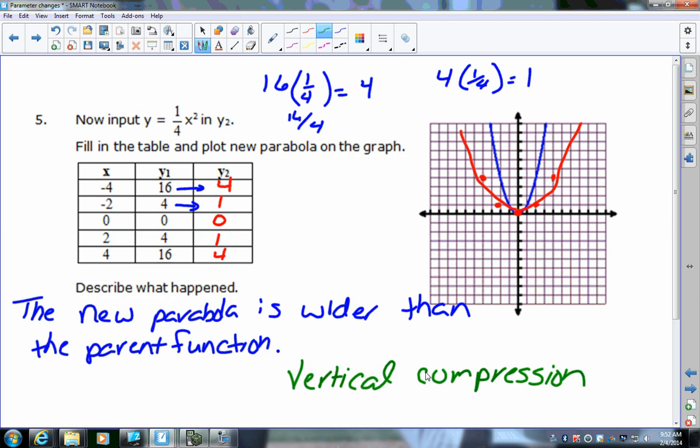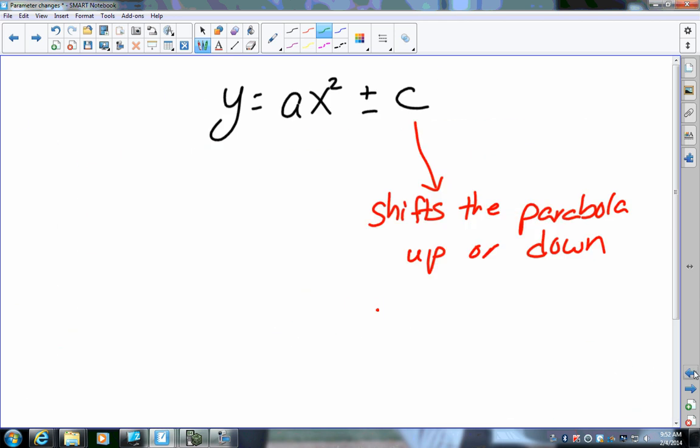So now let's go back to where I had you write on the first page. I had you write y equals ax squared plus or minus c. This a right here, first off, tells you the direction of the parabola.